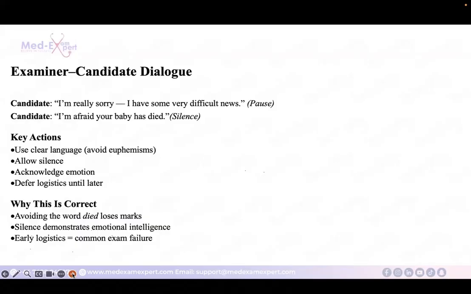Honestly, I just checked the patient's name and date of birth, and I said, "The scan report shows your baby is dead," and kept silent. The role player, because in those days we had role players, was crying like anything, not even stopping. I passed that station because I let her take her emotions out.